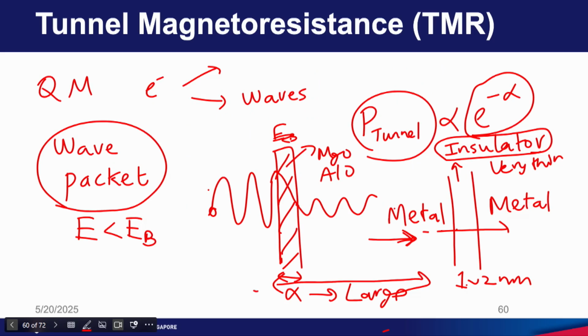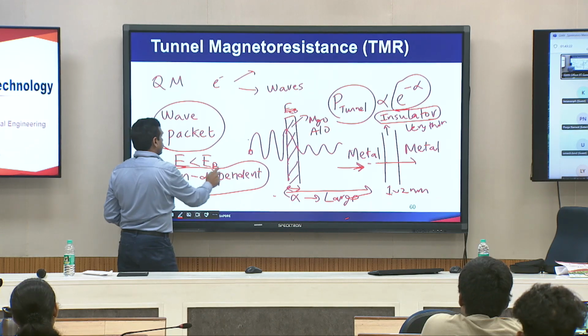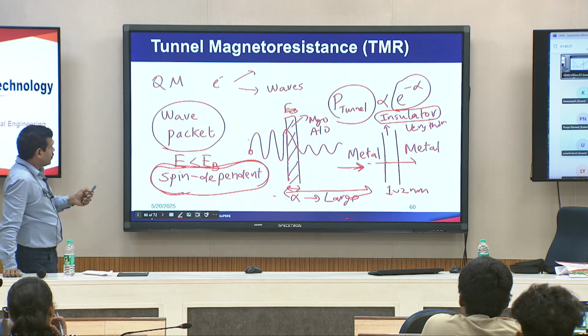When we talk about tunneling magnetoresistance, we are going to talk about spin dependent tunneling, like the spin dependent scattering we just saw in the GMR. In the case of tunneling magnetoresistance, the tunneling probability again depends on the spin of electrons and the configuration of the magnetic moments.